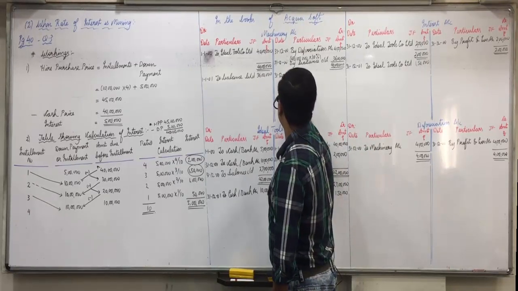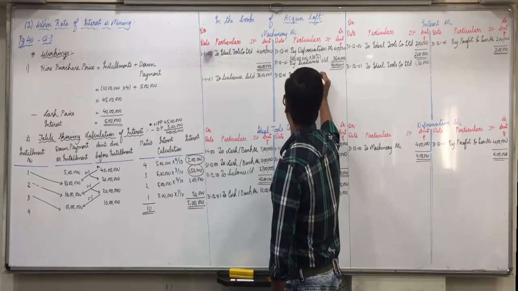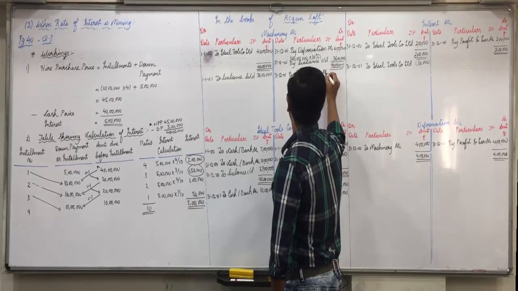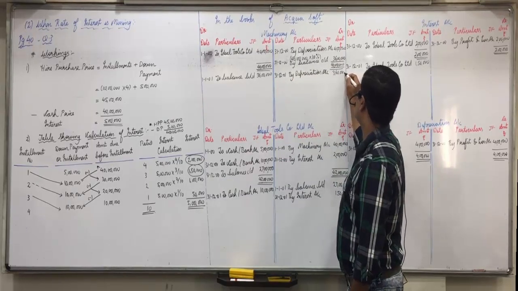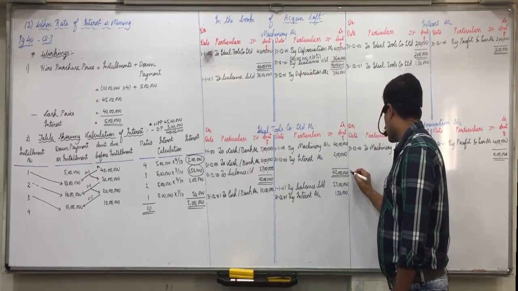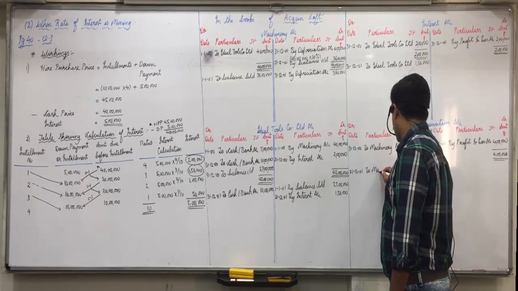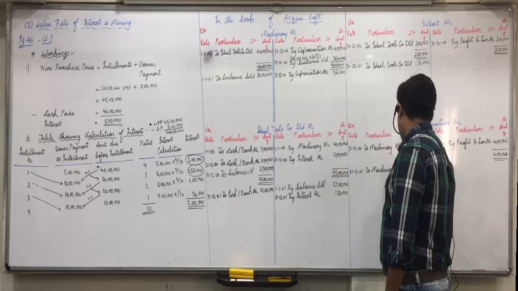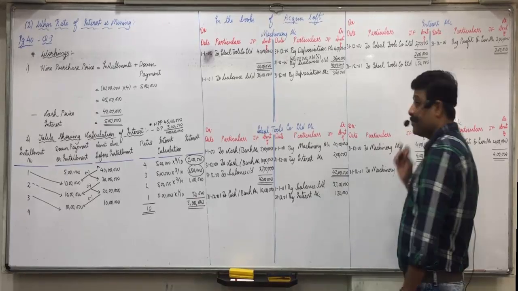To machinery means machinery credit side 31/12/01 by depreciation account, 3,60,000. And depreciation account debit side 31/12/01 to machinery account, 3,60,000. Is everyone clear with this?